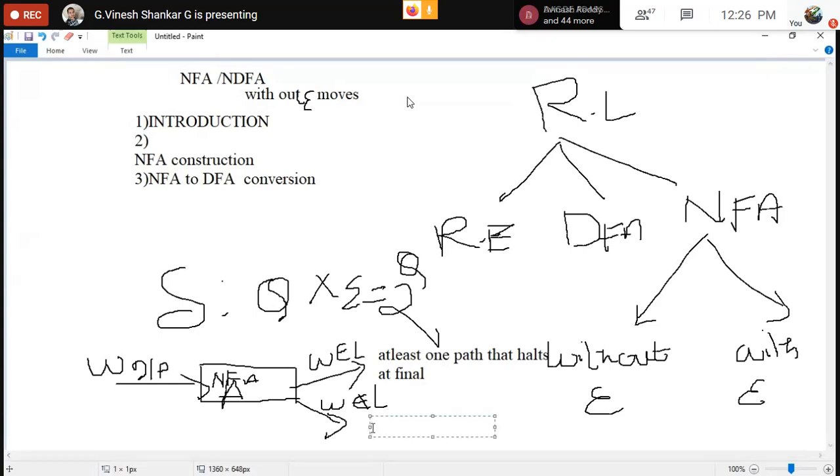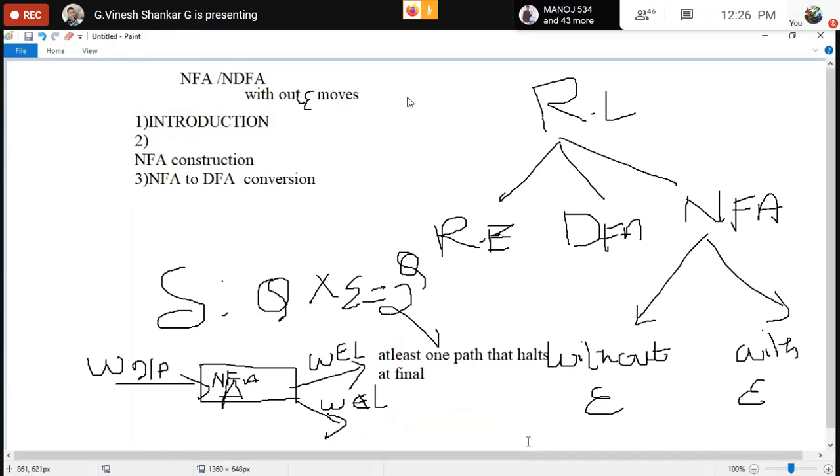Then, does not belong to L means no path ends at a final state. If a path exists also, it will end at a non-final state. Actually, I can say no path exists.